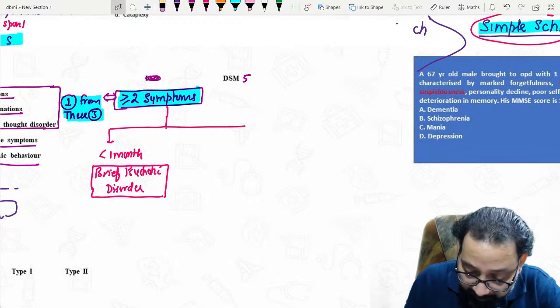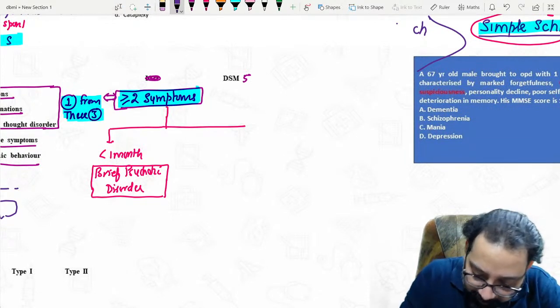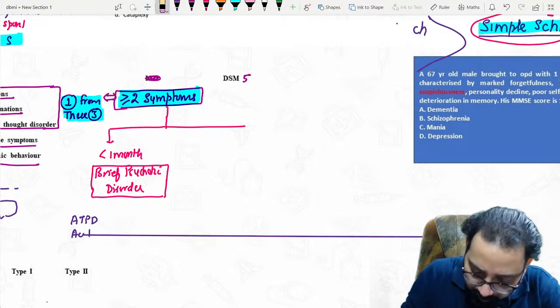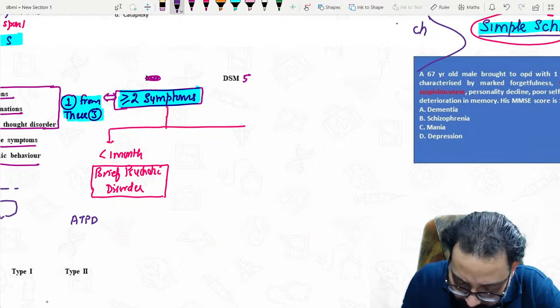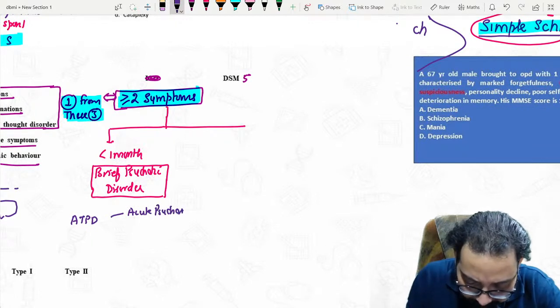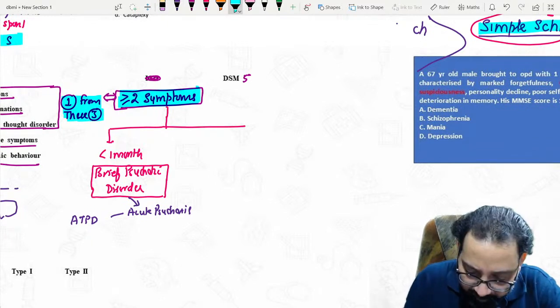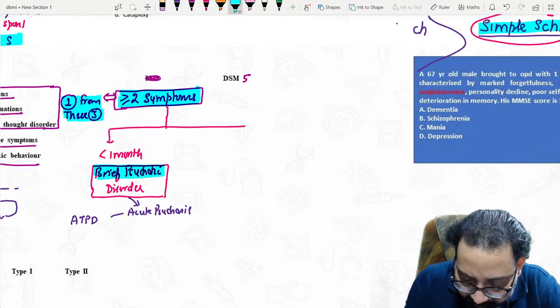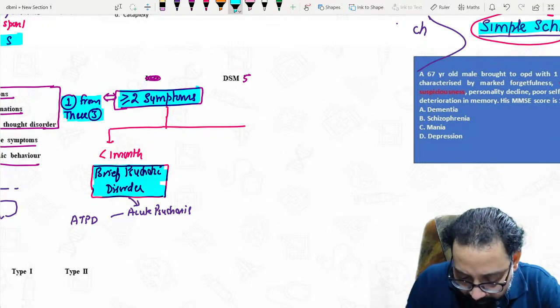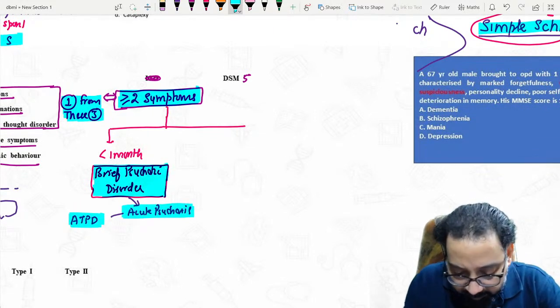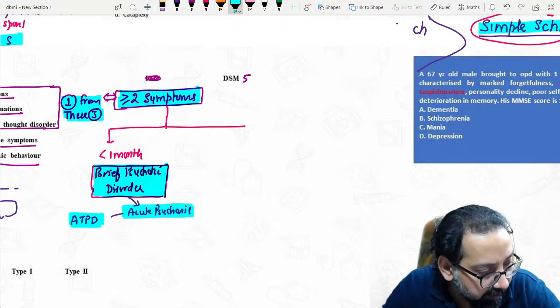In ICD-10 the name was ATPD, or acute psychosis. So you can say the same thing has three names: brief psychotic disorder, ATPD, and acute psychosis. Same thing having three names.